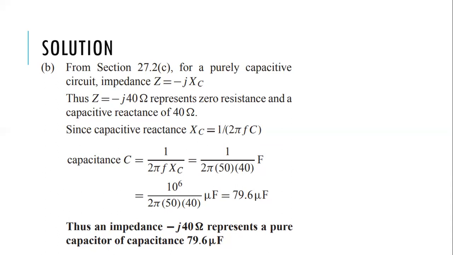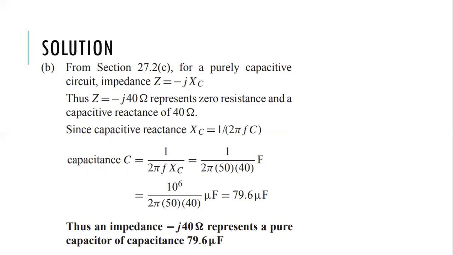We know that XC is 1 over 2 pi FC. So when you make C the subject of the formula, you have C equals 1 over 2 pi F XC. When you put in the values, frequency equal to 50 and XC equal to 40, you are going to have 79.6 microfarad.